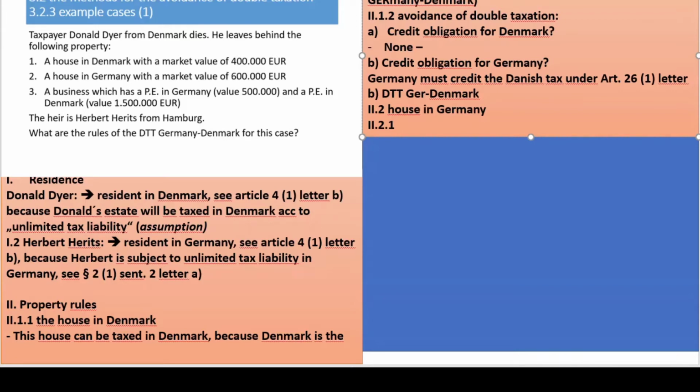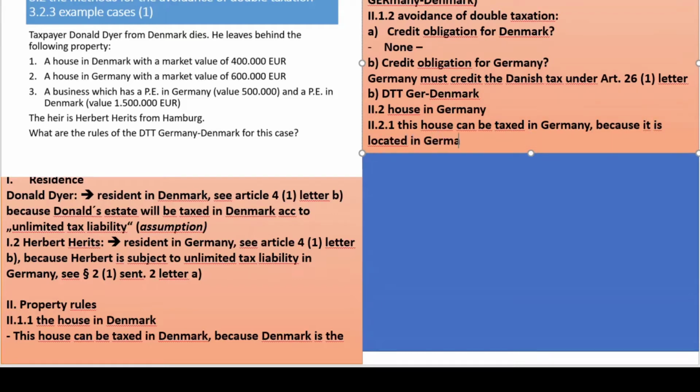So let us think about that. This house can be taxed in Germany because it is located in Germany. And this is now the case of 25(1), because in this case the former owner was resident in Denmark and the house was situated in the other contracting state.